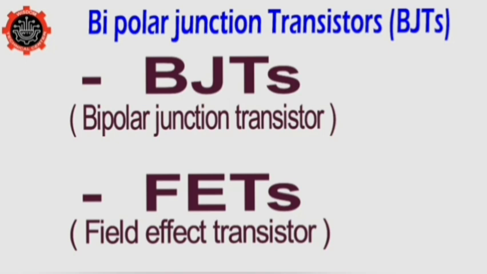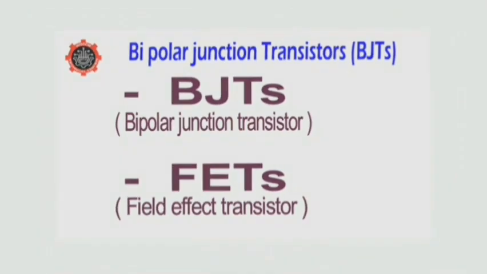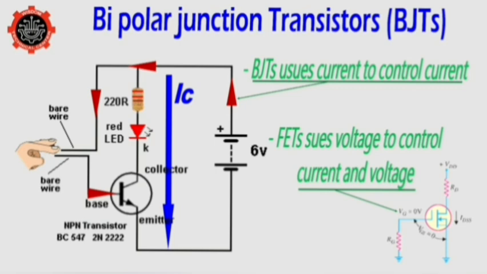So the task or function of both transistors is to provide current control or voltage amplification as a switch. Now we shall see briefly the difference between them, that BJTs uses current to control current that is flowing through it, while the FETs uses voltage to control voltage and current.